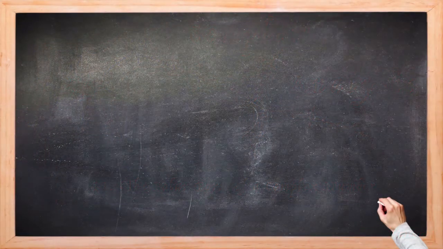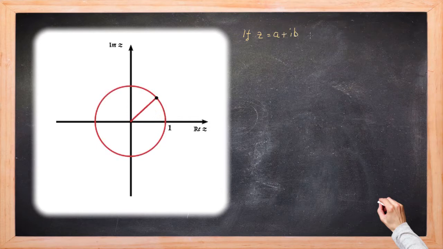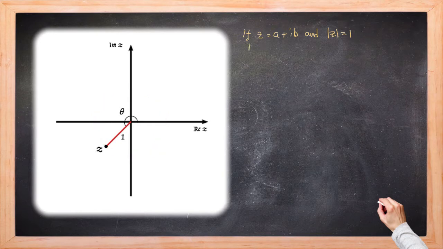Hi, Mr. Causey here. Now you recall that in the last video we were looking at complex numbers that lay on the unit circle. So if we have a complex number a plus ib that has a modulus of 1, that means its distance from the origin is 1, then we can write it in the form cos theta plus i sine theta.